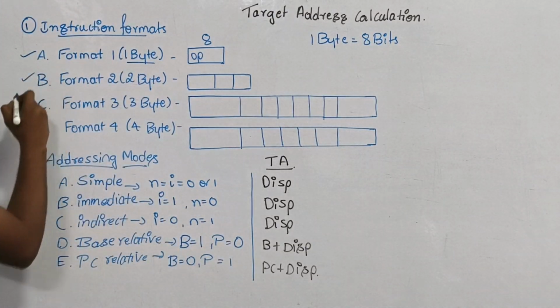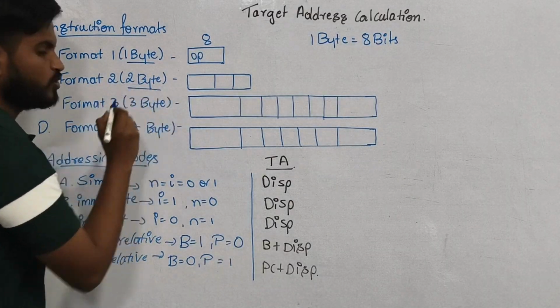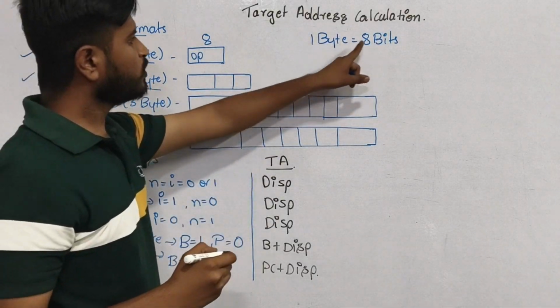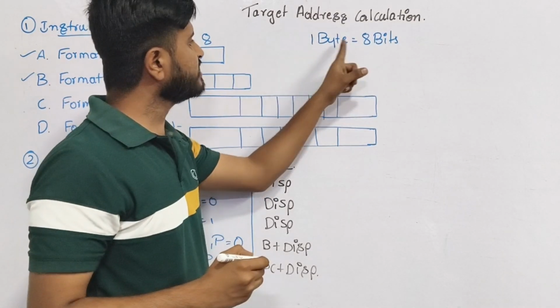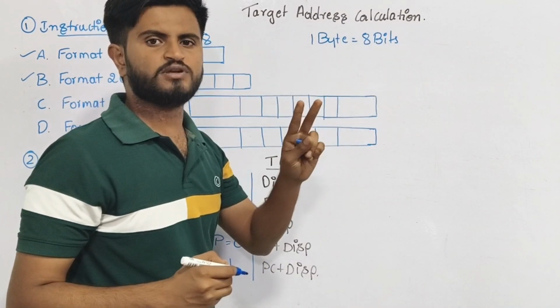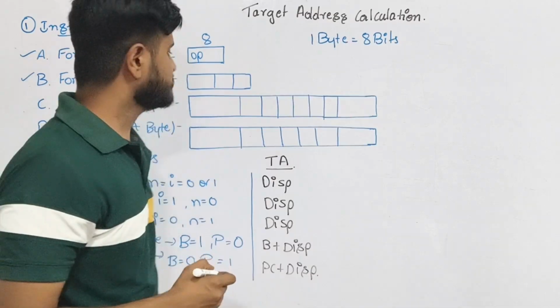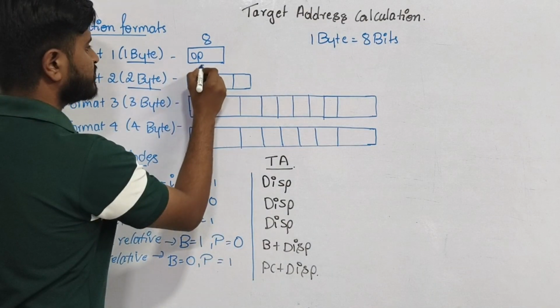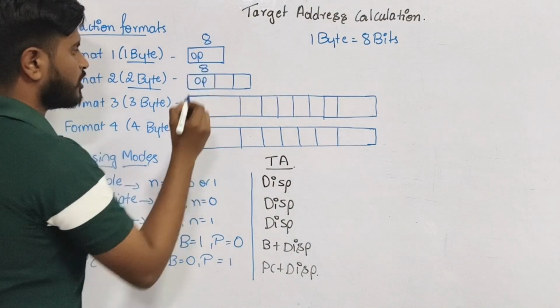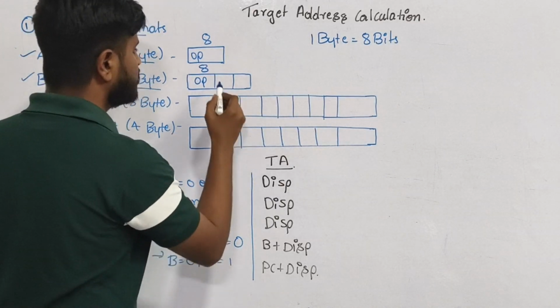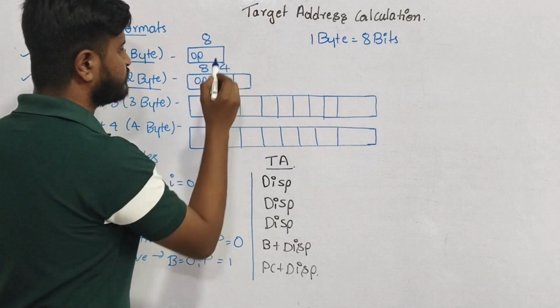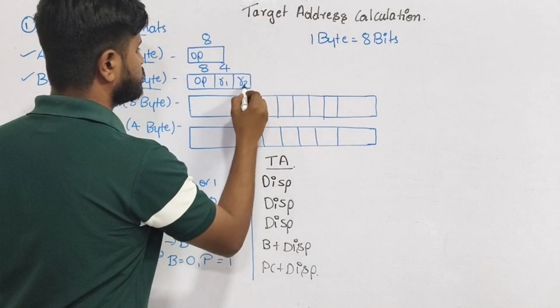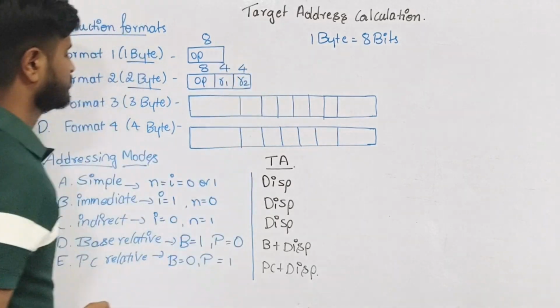Next, format 2, which is of size 2 bytes. 2 bytes means 2 into 8, because 1 byte is 8 bits, so 8 plus 8 is 16 bits. Here also 8 bits will be occupied by the opcode. Next, register 1 will take 4 bits and register 2 will take 4 bits.